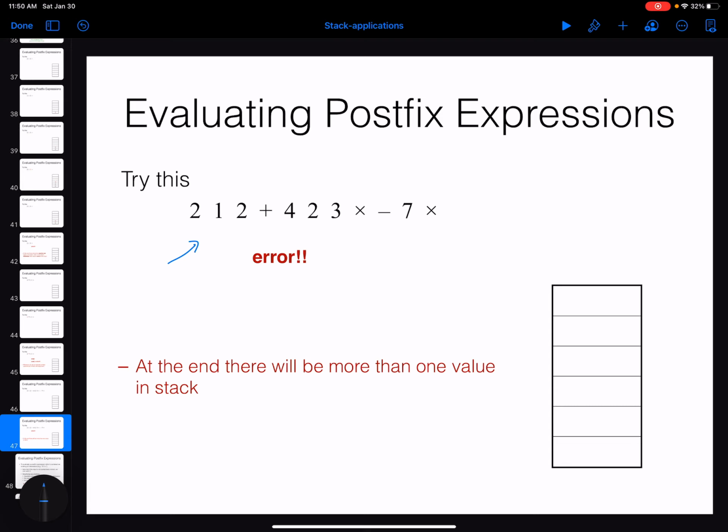We have only 2 types of error. Either an operator is missing, so that at the end you would have more than one item in the stack, or an operand is missing, so that when you are popping 2 operands, you will see that there is a missing operand, the stack is empty and you can't apply pop. So there are only 2 types of error and you can catch both of them.